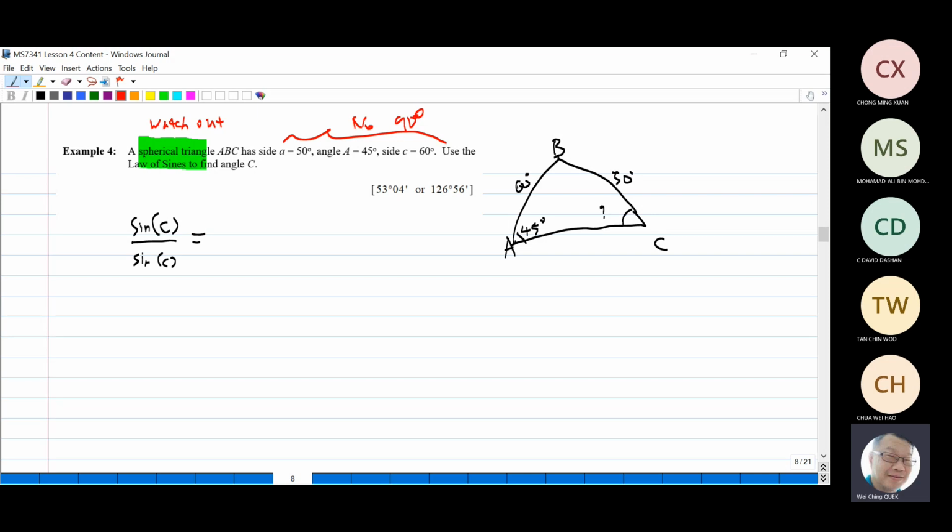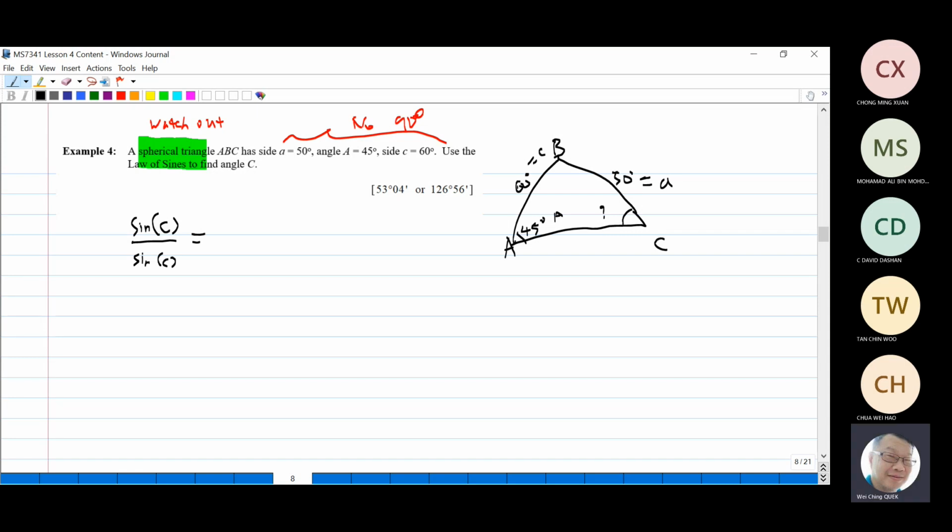Now I want to find angle C. Here is A, and here is C. I know angle A and side C, so what other information do I have?